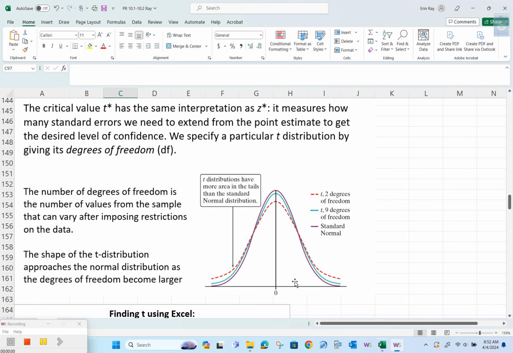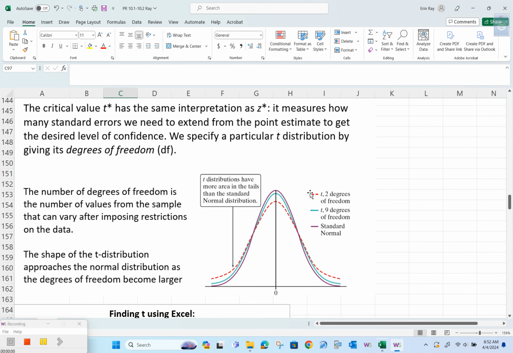There's more room left for error for a t-distribution. That's really it. Now, it still measures standard deviations away from the mean. What's different is the arguments of the function. Okay, when we talk about t, there's a new argument or a new thing that you have to deal with, and it's called degrees of freedom.